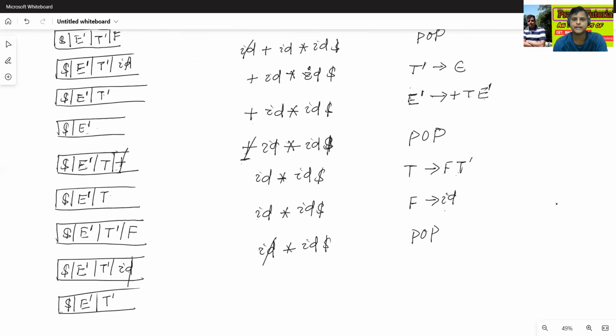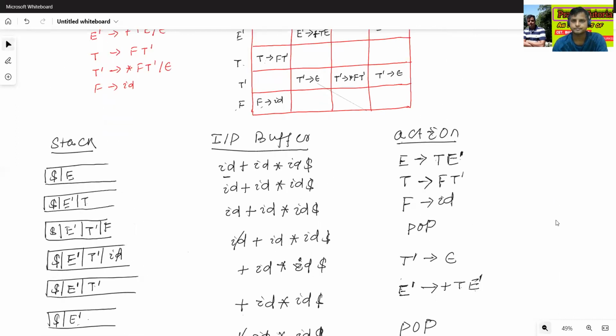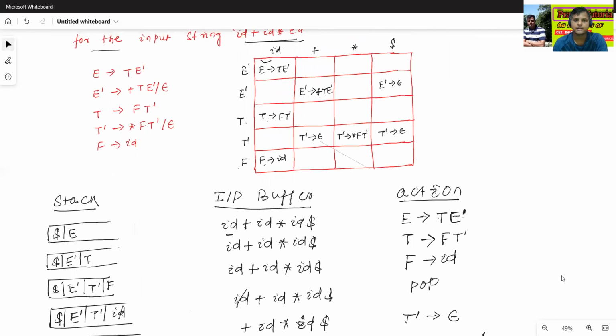The stack is E prime, T prime. The remaining element of the given string is star ID dollar. Okay, so T prime on star. Now we check. T prime on star means T prime to star F T prime.